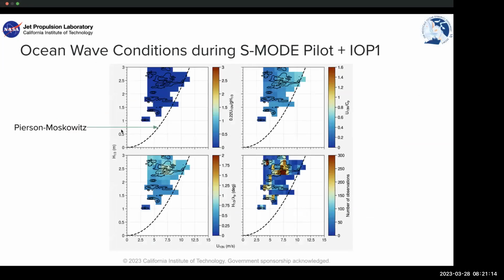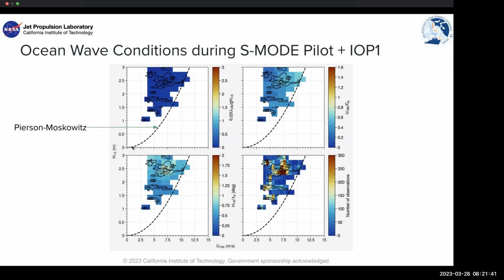During that time, we sampled a variety of ocean conditions. So here's a histogram of the wind speed on the bottom and number of observations on the top of significant wave height, as measured by the sail drones or the wave gliders.